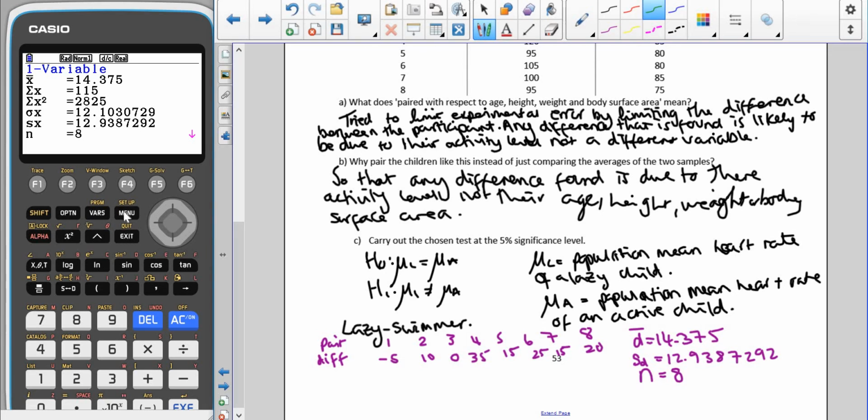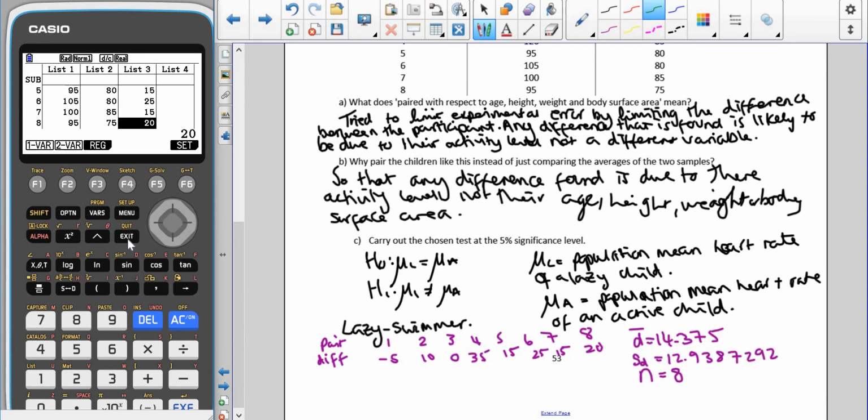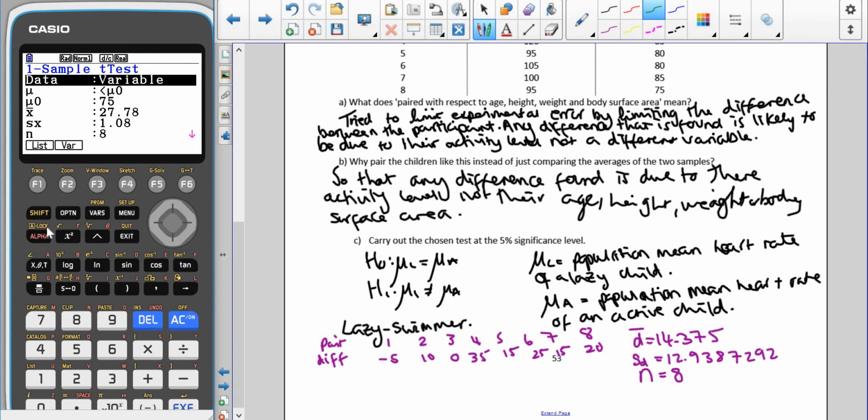So now we're going to go back and go into test T, and we're actually going to go into one sample because we're treating it as one sample of the differences. We need to make sure that this part here is the same as our hypothesis, so in this case not equal to. Because we don't have any values that we're adding on to either side, we're just going to have that as 0.